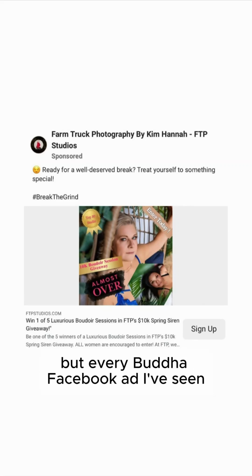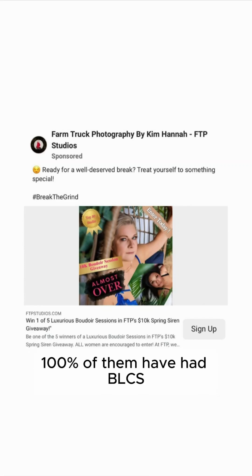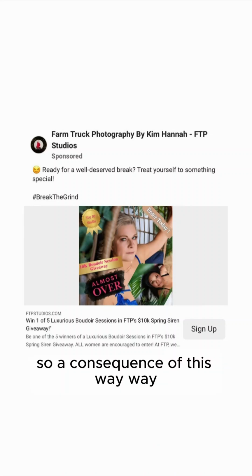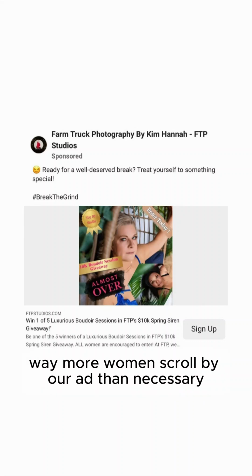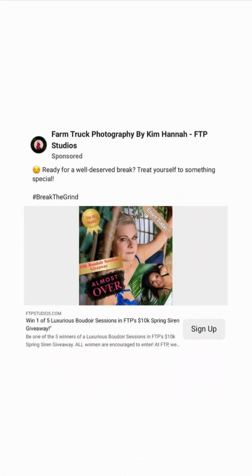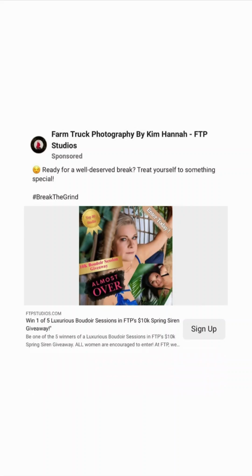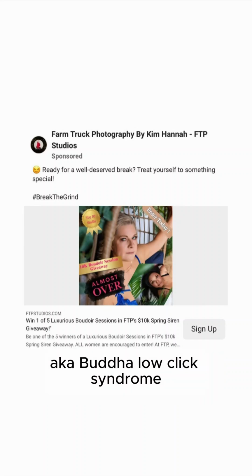But every Boudoir Facebook ad I've tested, I've seen the backend metrics, 100% of them have had BLCS, Boudoir low click syndrome, because everyone's making the same mistakes as everyone else. A consequence of this is way more women scrolling by our ad than necessary, pulling our unique CTR under 6% and increasing the probability that we have BLCS, aka Boudoir low click syndrome.